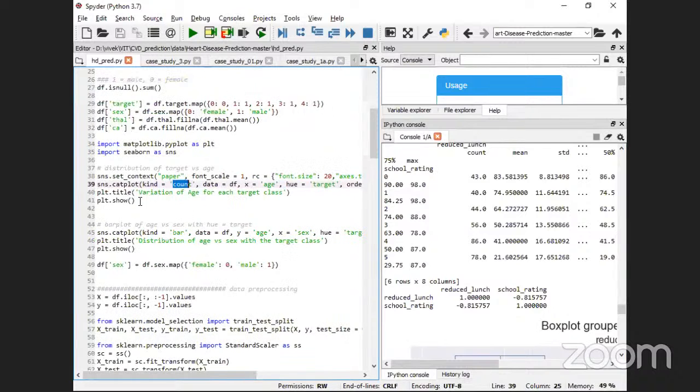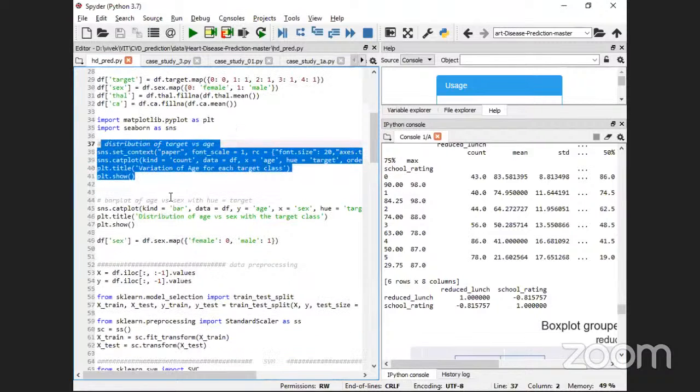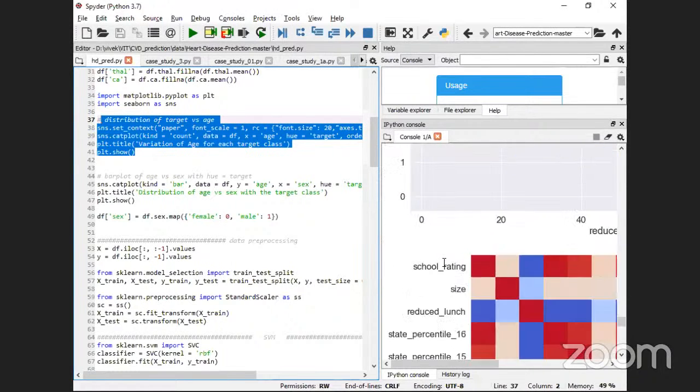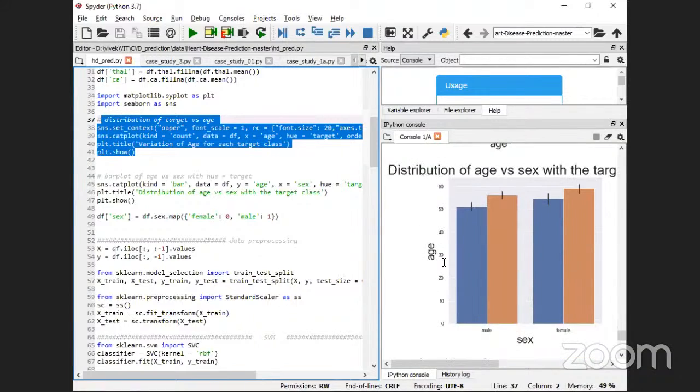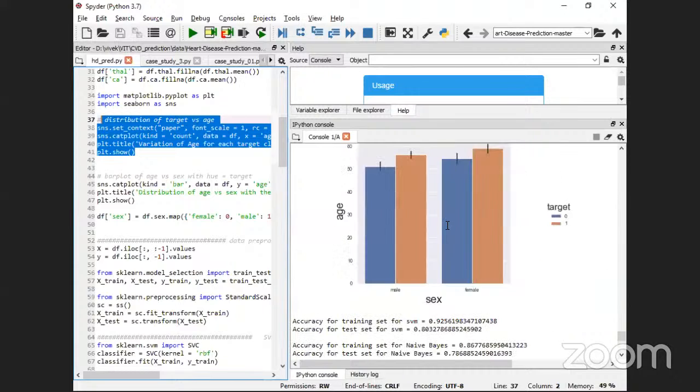And this is to display the title, and it shows the distribution of the target variable with respect to the age parameter. And next, a bar plot is used here to represent the male and female ratio. So that also I'll show you here. How is the distribution of presence and absence of heart disease with respect to male and female candidates? So that you can see here.